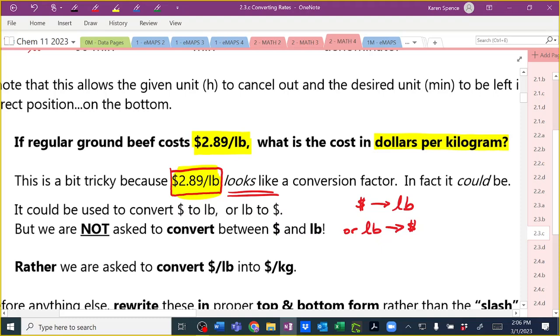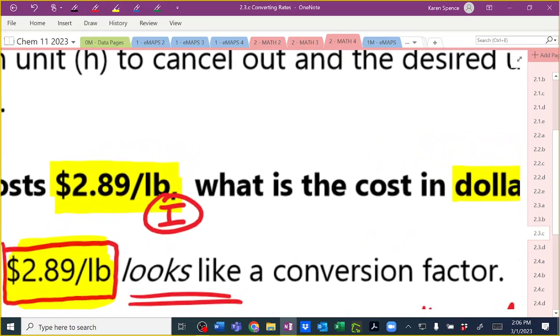No, so I'm not going to be using it as a conversion factor. It is actually my initial quantity, okay? So this is our initial quantity here. This is our unknown quantity here. And before I go any further, I should do something. What should I do with $2.89 per pound written the way it is written right now?